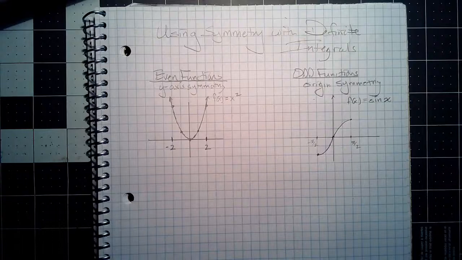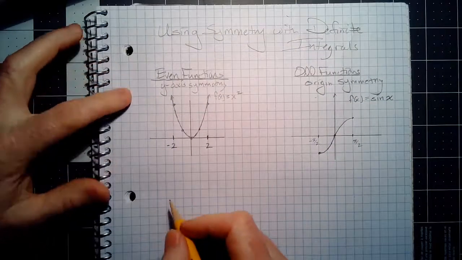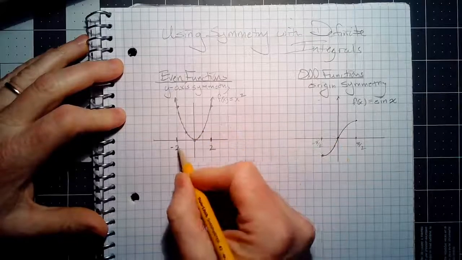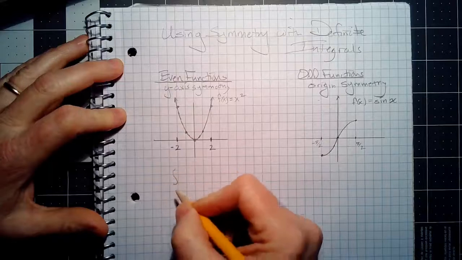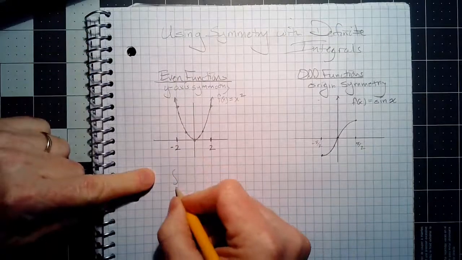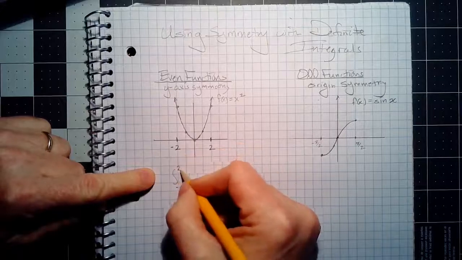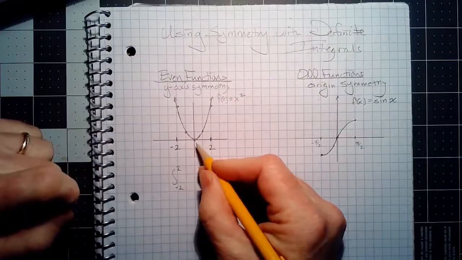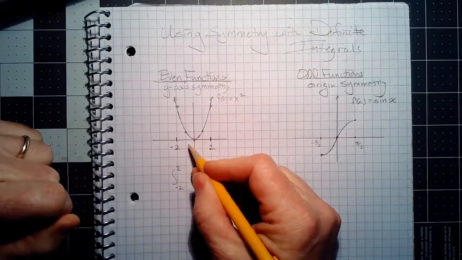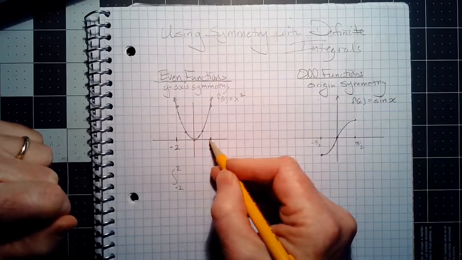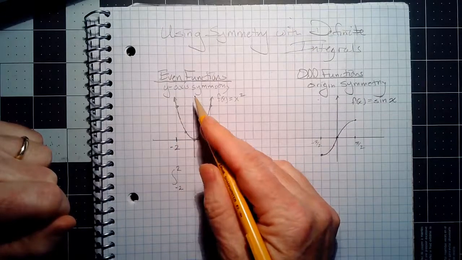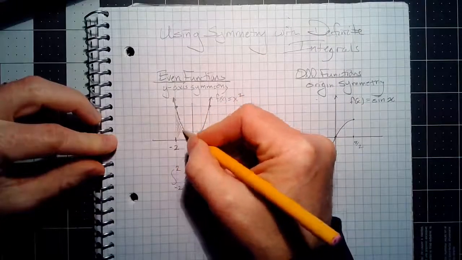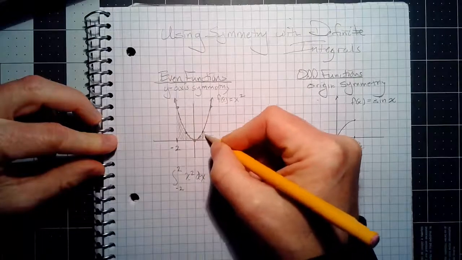Okay, so the cool thing is, remember that integrals have to do with area between the curve and the x-axis. So if you have a situation like this, where we want to evaluate the integral from some number to its opposite sign, so that your boundaries are the exact same distance on either side of the y-axis, then with an even function, note that you'd be figuring out the area between the curve and the x-axis.